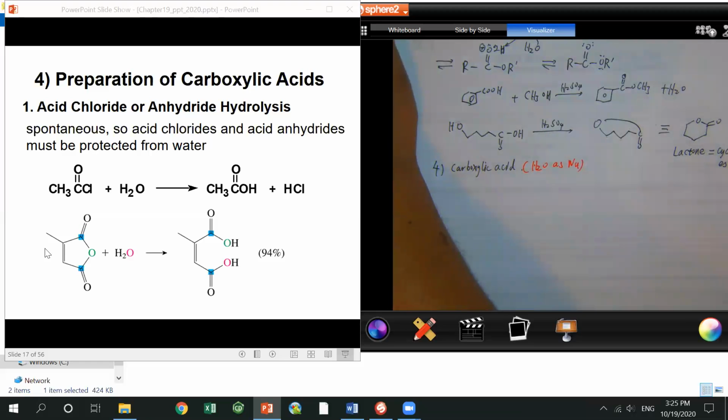For the acid anhydride, keep in mind, after reactions, generally you get two acids, pretty much the two OH. But that's actually not so common.